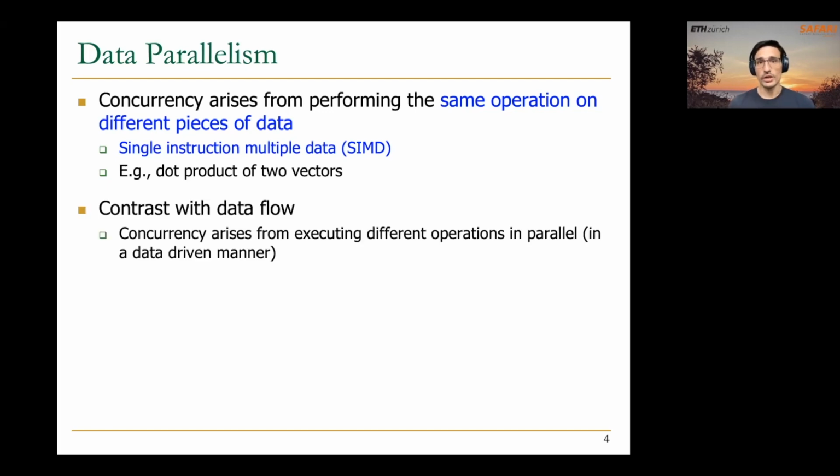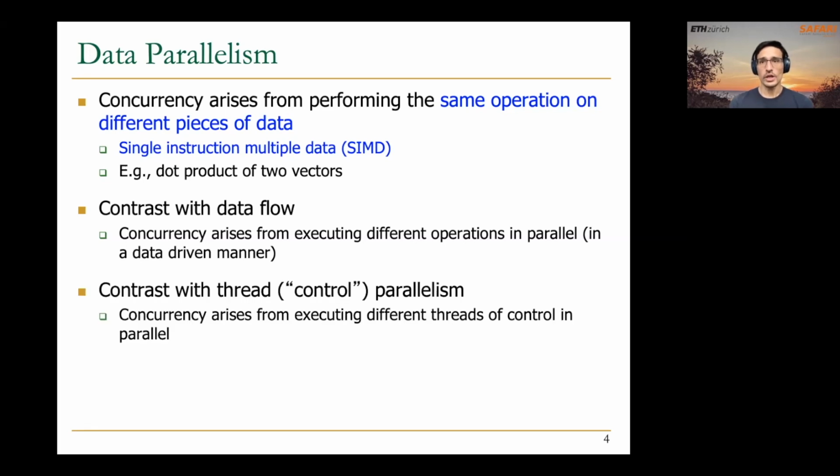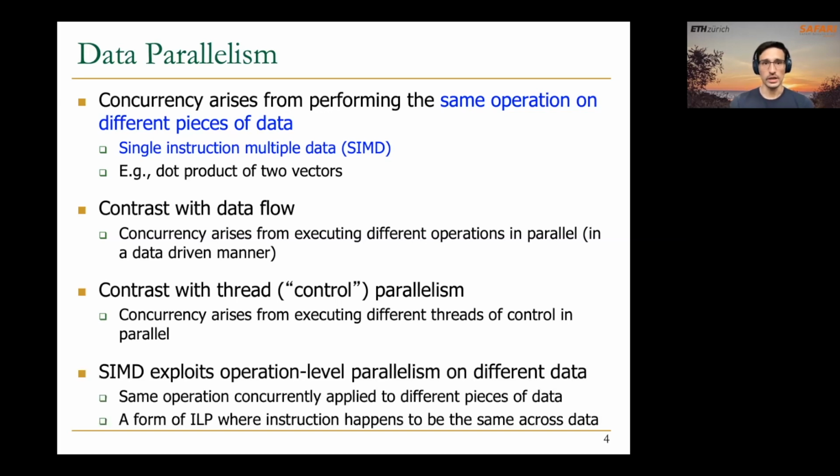This type of parallelism is different from the type of parallelism that we can extract in data flow computers, for example, where concurrency arises from executing different operations in parallel in a data-driven manner. The SIMD paradigm also contrasts with thread or control parallelism, where concurrency arises from executing different threads of control in parallel.